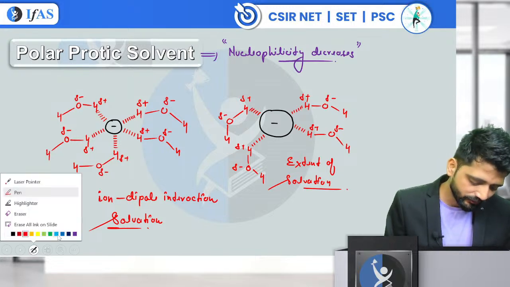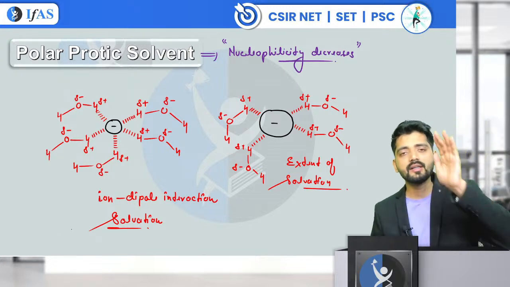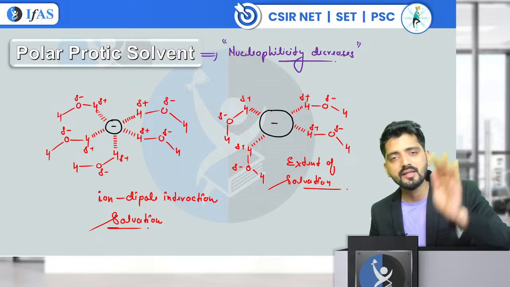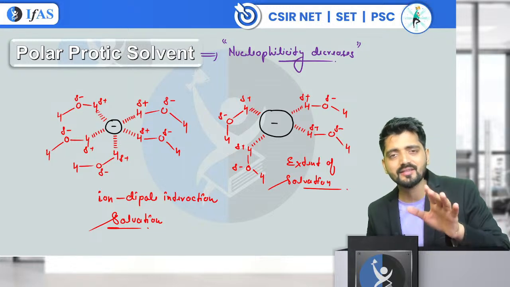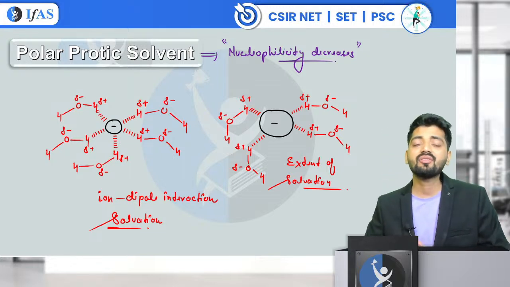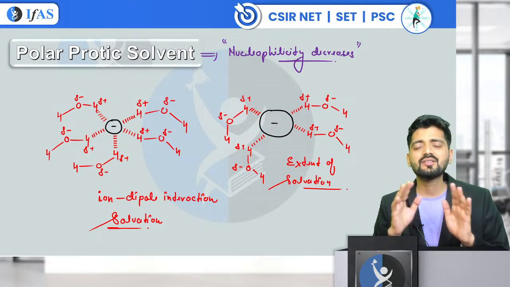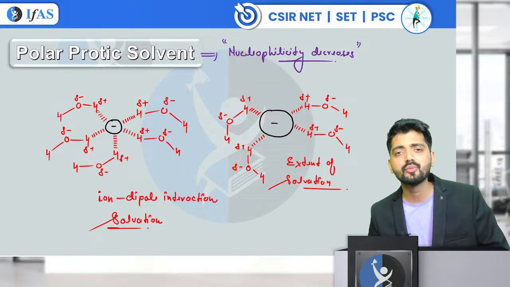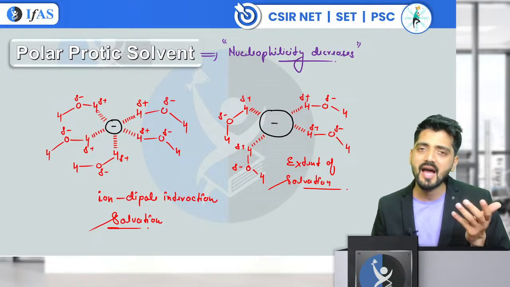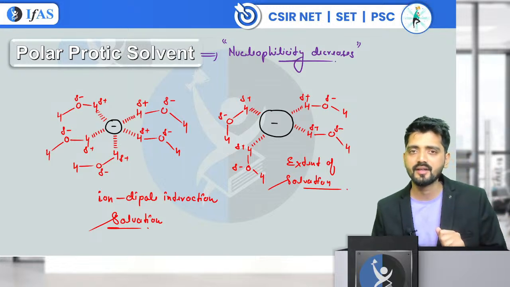Correct? It is very much true that nucleophilicity is decreasing for the larger size anion also, but in an overall comparison, a larger size anion is still going to be more nucleophilic as compared to a smaller size anion.